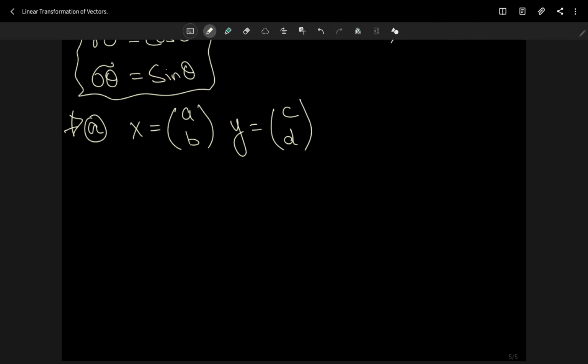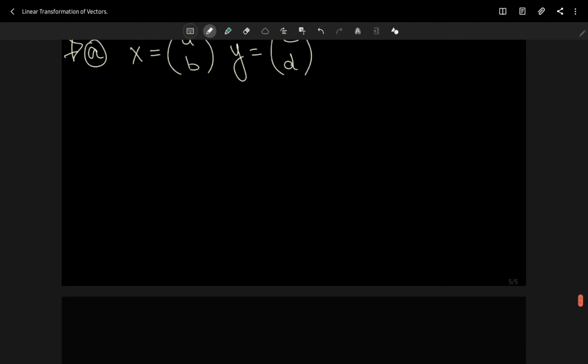and let's pick some Y, which is C, D, right? Okay, so in this case, if I were to act with this r theta on X, what will I get?